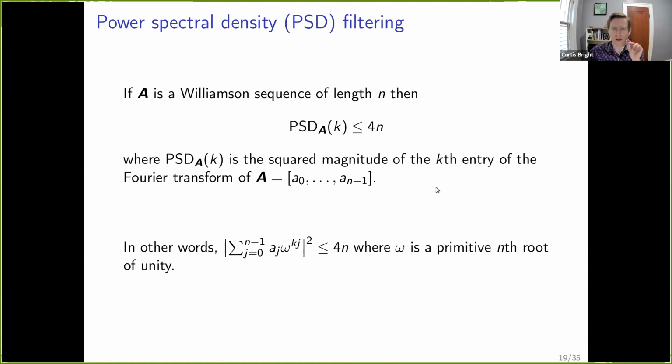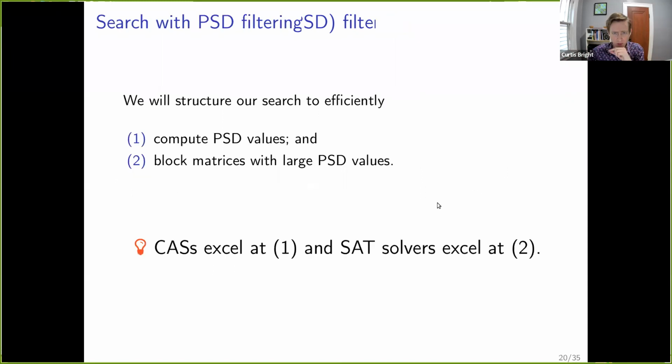So it would seem as if you're constrained to going one way or the other. You can either use SAT solving, the pure Boolean approach, or the pure computer algebra approach. But we want to use both. We want to exploit both the fast search power of the SAT solver and the efficient mathematical routines of the CAS, because the SAT solver alone wouldn't be able to compute the PSD effectively, but with the fast Fourier transform, you can compute it very fast, almost in linear time.